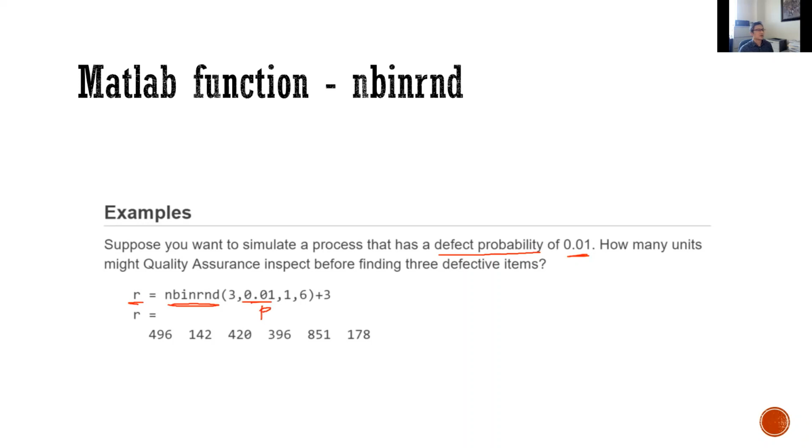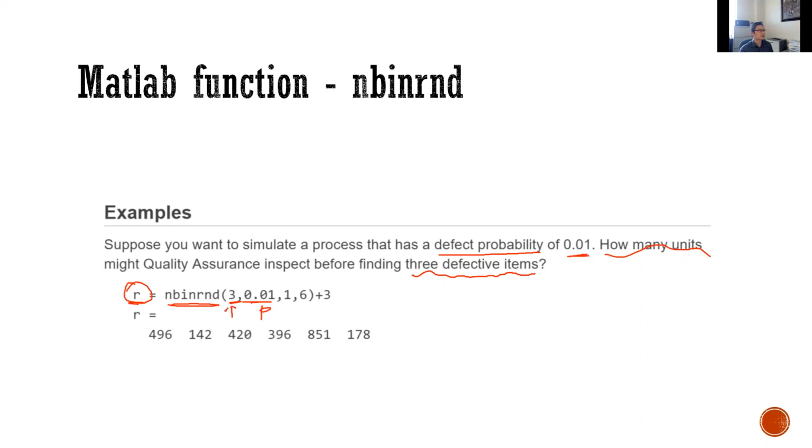And then the question will be, what is the value of R: how many units must quality assurance inspect before finding 3 defective items. So that's the 3, that's the parameter.